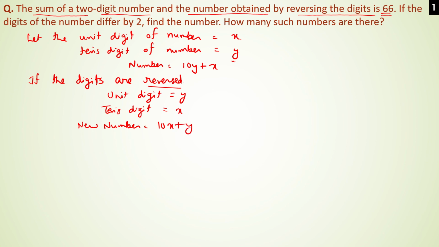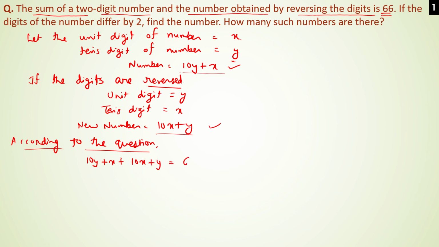So according to the question, the sum of a two digit number and the number obtained by reversing the digits, that means the sum of 10y plus x and 10x plus y, is 66. So we get 10y plus x plus 10x plus y equals 66.